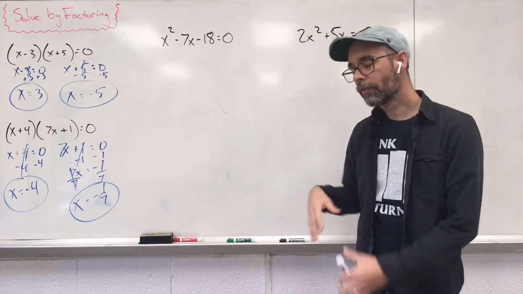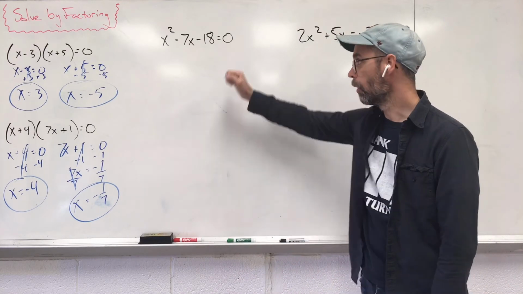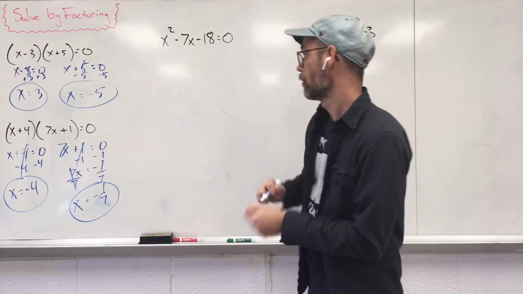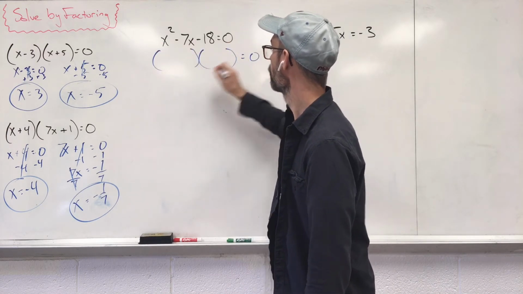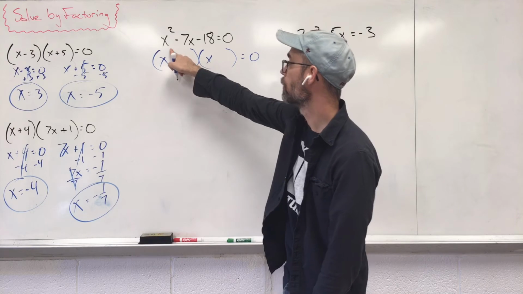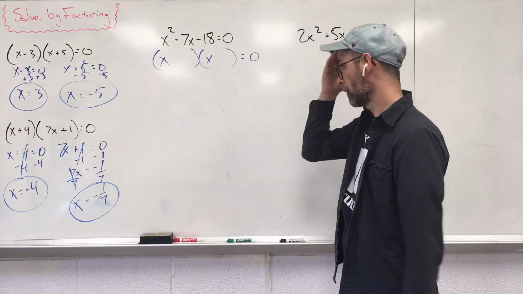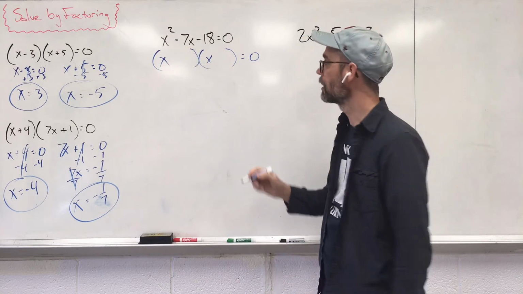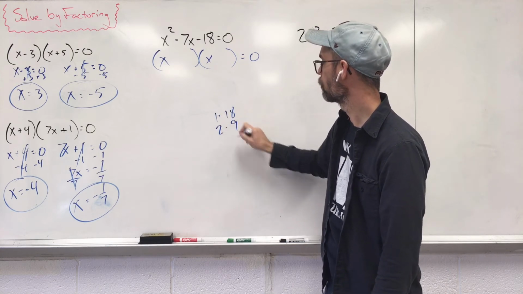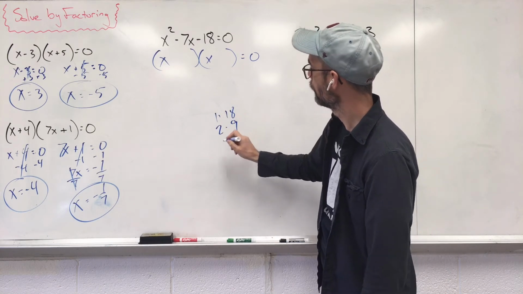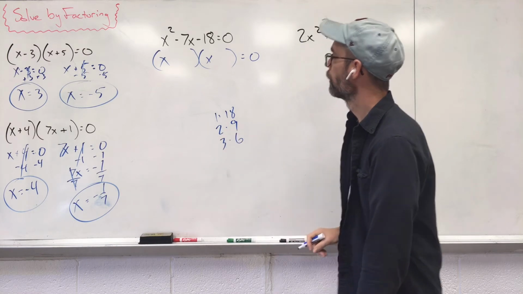Now, what if our problem's not factored yet? Well, we're going to have to factor it. So we start off with blank parentheses. We know x times x gives me x squared. What two numbers multiplied together give us 18? Well, let's run down the list: 1 and 18, 2 and 9, and 3 and 6.